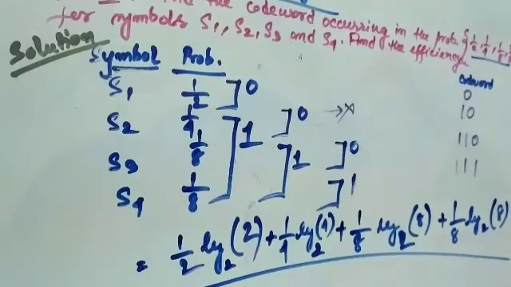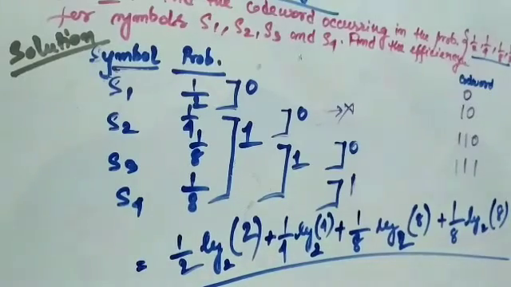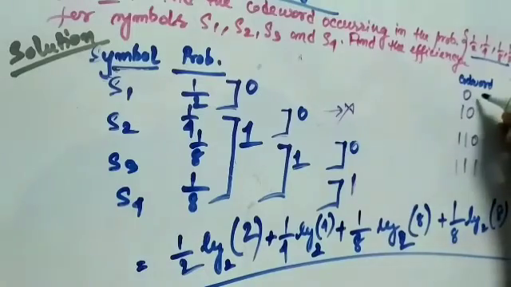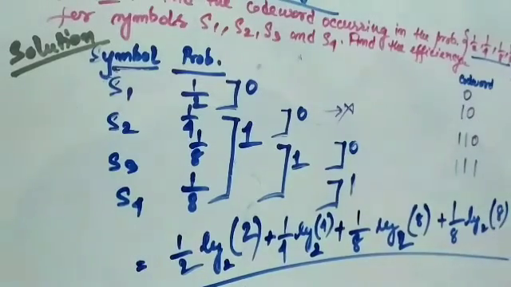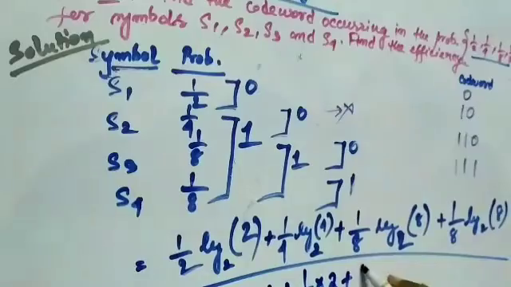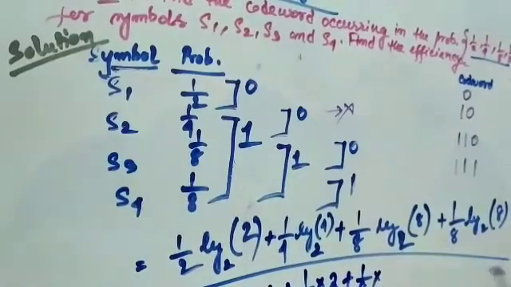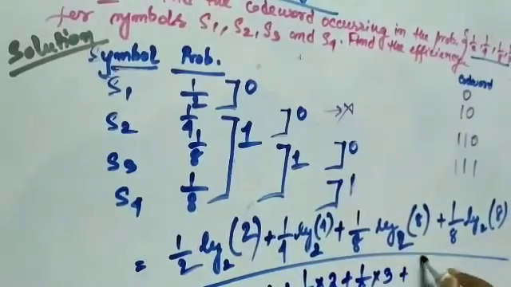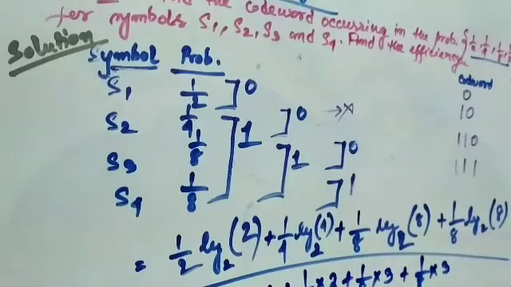For the denominator, the formula is pi, the probability, that means half, into ni. Ni means the length of the code word, which for the first one is 1. So it is 1. Plus for the second one, the length of the code word is 2. For the third one, the length of the code word is 3. And for the fourth one, the length is also 3.